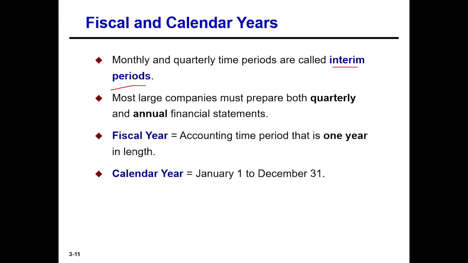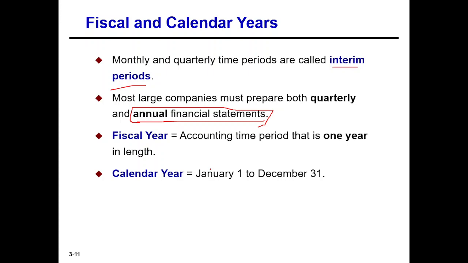The periods less than 1 year we call interim periods. Most large companies prepare both quarterly reports and annual financial statements, but the main financial statement is the annual financial statement. The annual financial statement means that it is prepared for 1 year.